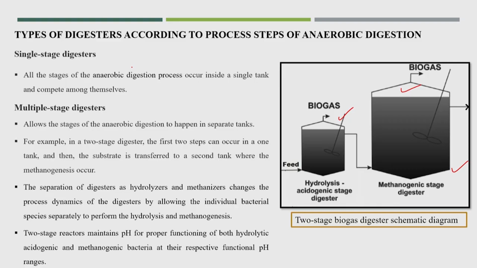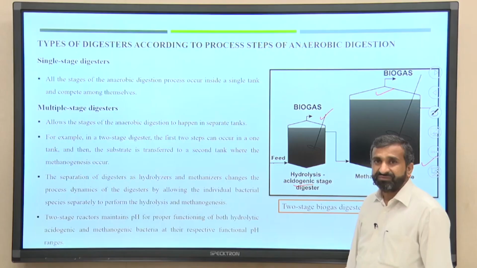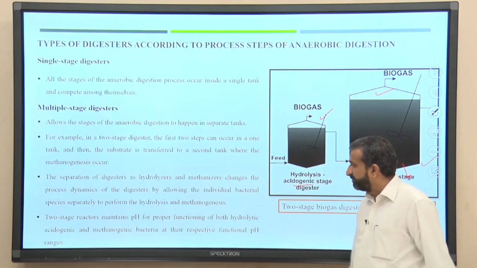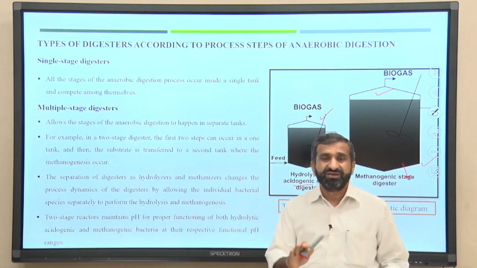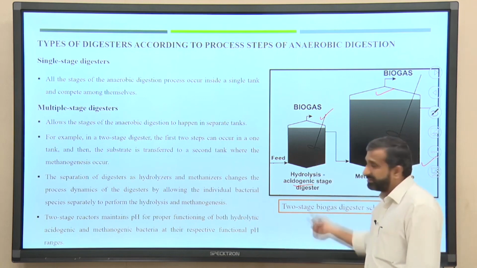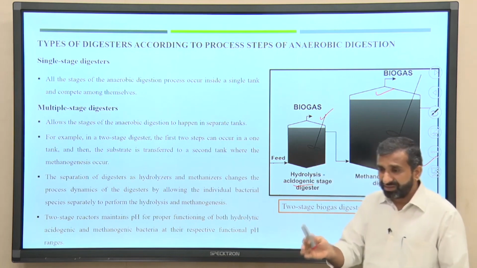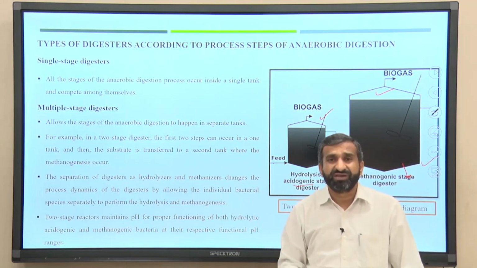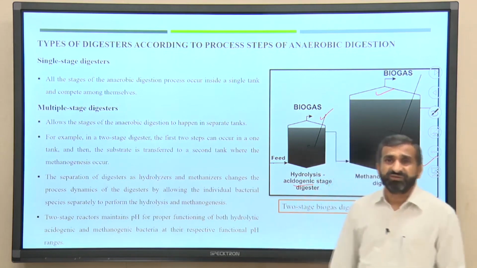You know that in the acidogenesis stage, the pH will always be acidic, and for methanogenesis you will require neutral pH. So, to maintain the particular pH for the particular stage, that is possible. And in the hydrolysis process, if the entire material is in acidic condition, your hydrolysis could be faster.